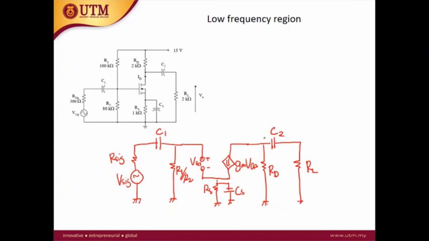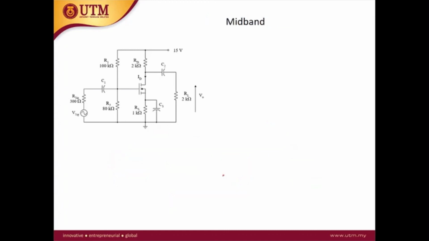So all the capacitors appear because at this point you cannot ignore the impedance of the capacitors. Okay, at the mid band, the capacitors are replaced by short circuits. This is just to show you the difference between the mid band and low frequency, as well as the high frequency region.